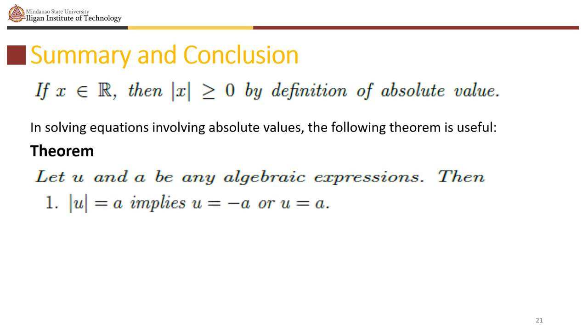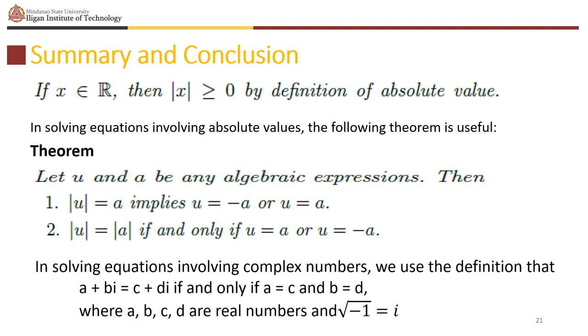Number 1, the absolute value of U is equal to A implies U is equal to negative A or U is equal to A. Number 2, the absolute value of U is equal to the absolute value of A if and only if U is equal to A or U equals minus A.